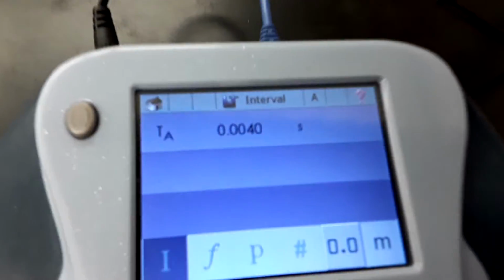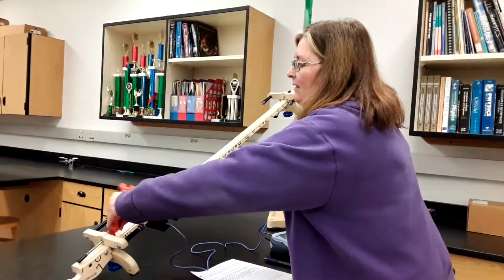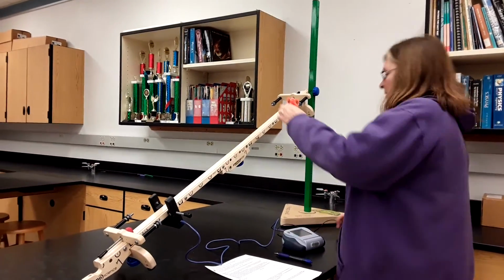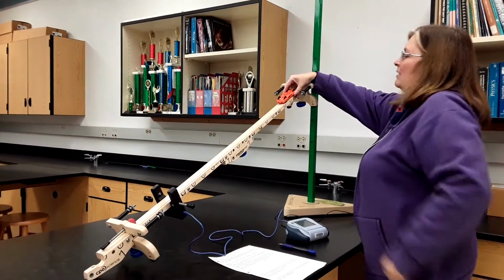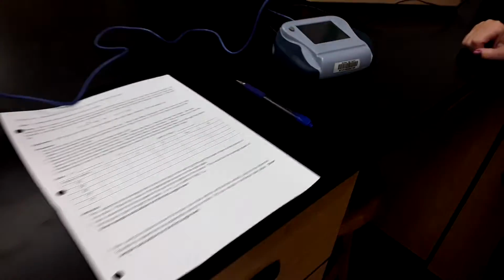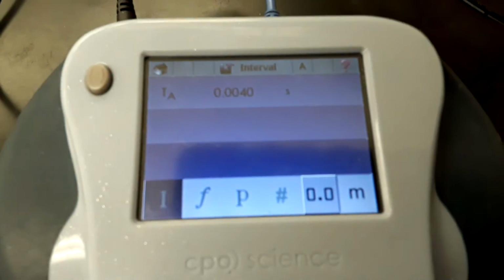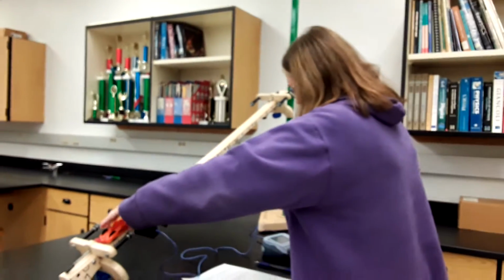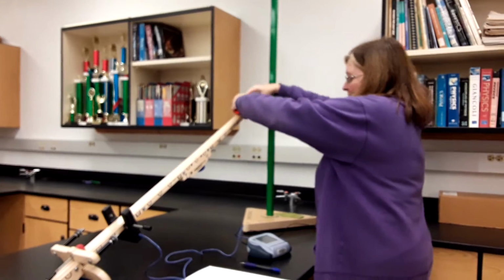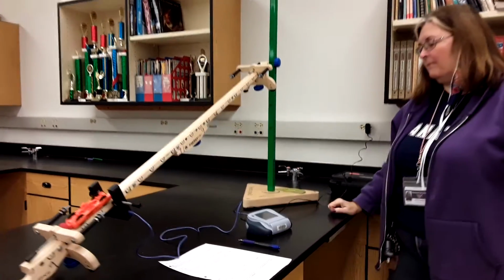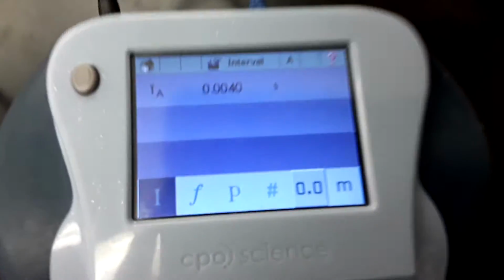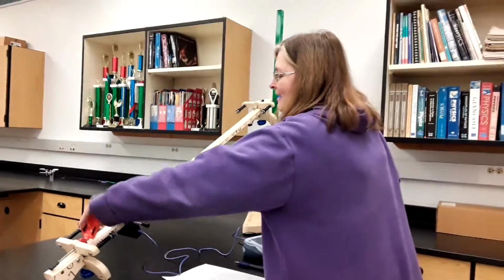All right. And the second one. And finally, the third one. Those were all 3 the same, weren't they? Well, that's nice and handy.